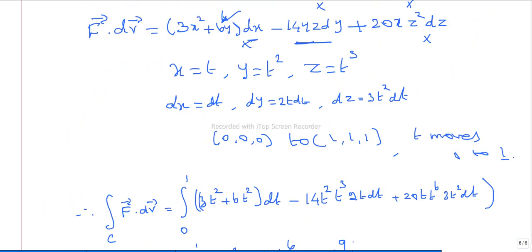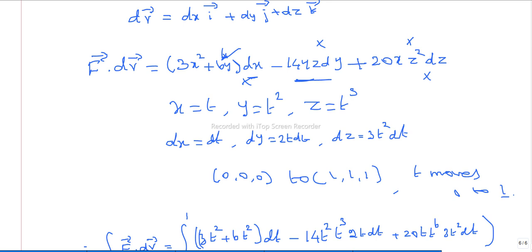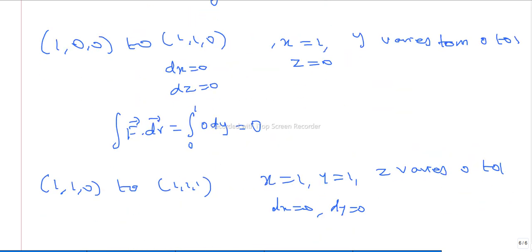In the last term x is 1, so we have 20x z square. Therefore the integral of F dot dr is the integral for z from 0 to 1 of 20x z square dz.